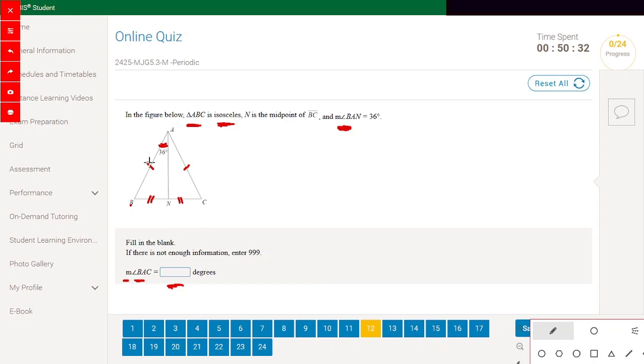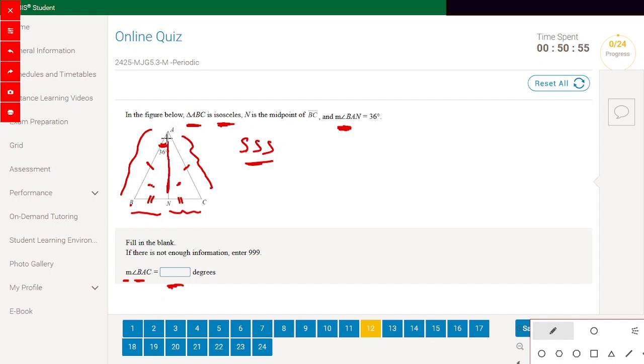Here, as you see, these two triangles are congruent, right? Because I have three sides. This is using the SSS theorem. I have AB congruent with AC, and NC congruent with BN, and AN equal to AN.